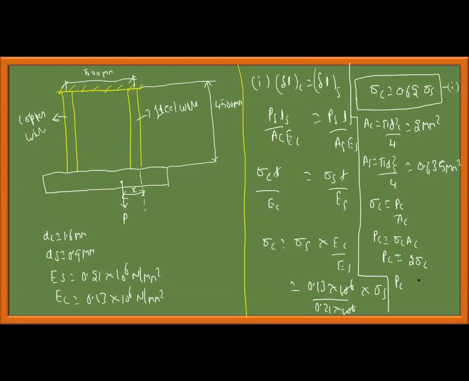PC is equal to 2 into 0.62 sigma S, or PC is equal to how much? Tell me.